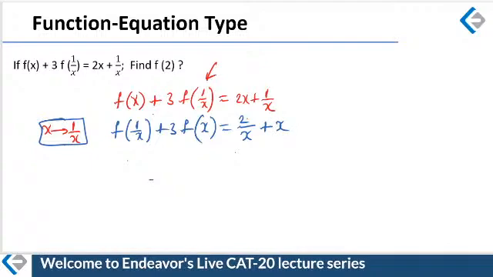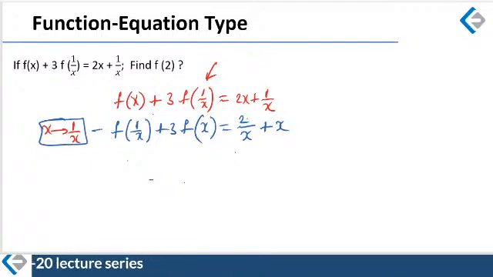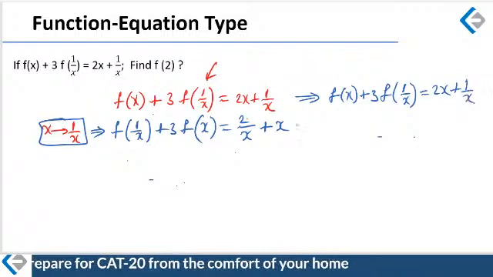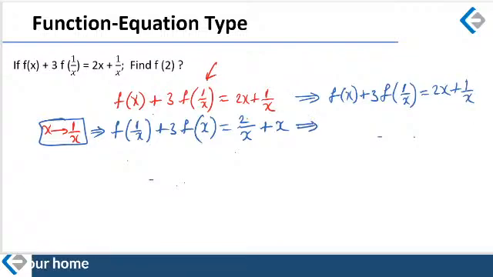Now I will just rearrange this particular line. What do you mean by rearrange? Let me write the first function, let me copy it here. This is f of x plus 3 times f of 1 by x, which is equal to 2x plus 1 by x. Let me write the second also in a rearranged format.